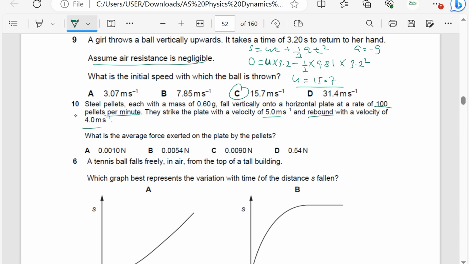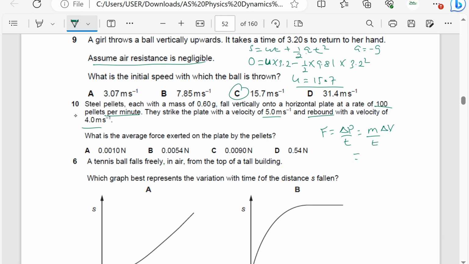What is the average force exerted on the plate by the pellets? Force is equal to the rate of change of momentum, which is mass times change in velocity divided by t.